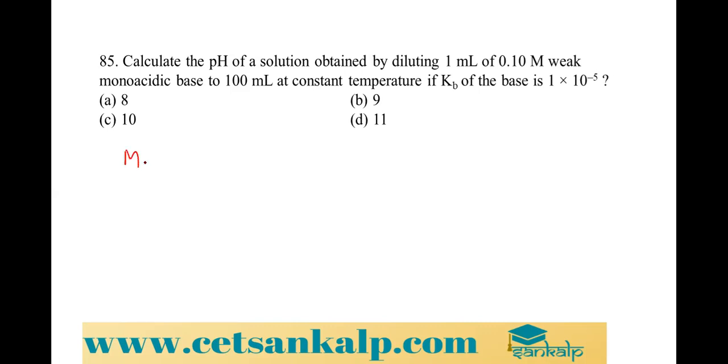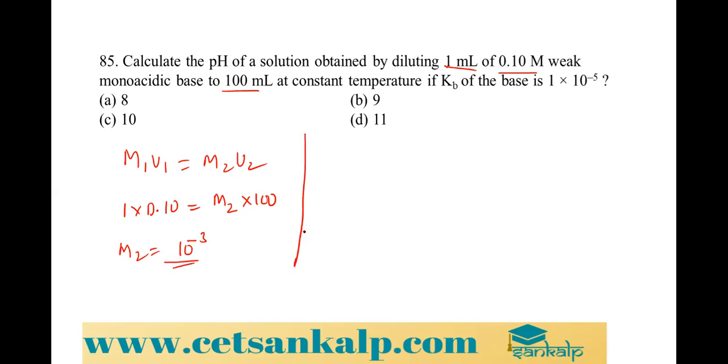So we know the equation M1 V1 is equal to M2 V2. Correct? So 1 ml, 1 into 0.10 is equal to M2, which we don't know, right? That is M2 only into 100. See how much it comes, therefore M2 is equal to 10 to the power of minus 3.